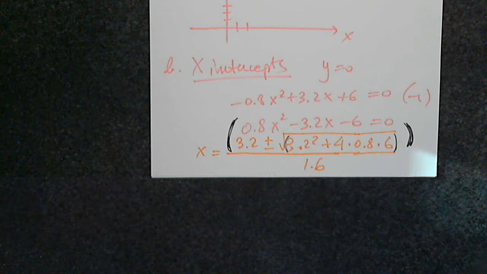So the left parenthesis, 3.2 plus the square root, parentheses, 3.2 squared. I just don't trust that it's doing the right thing. So 4 times 0.8 is 3.2.